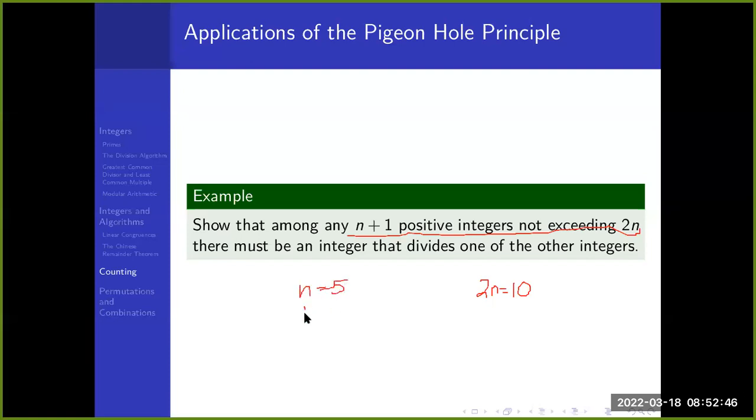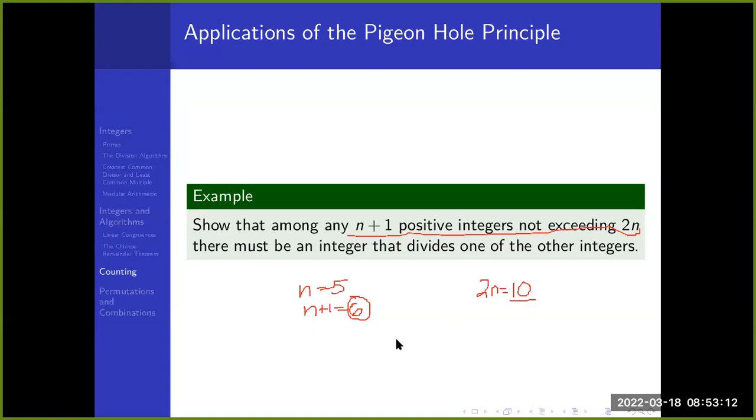So n plus 1 will be 6. So let's see if we find 6 positive integers not exceeding 10. We need to show that there must be one of them that divides another one in the list. So can you give me a list of 6 integers not exceeding 10?